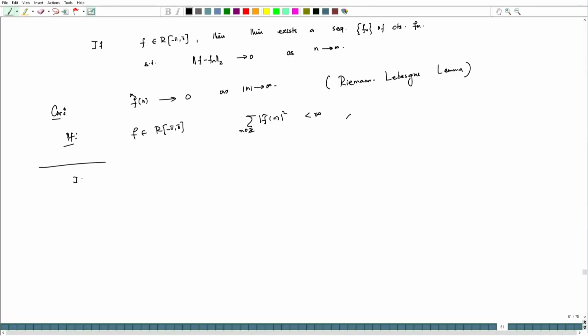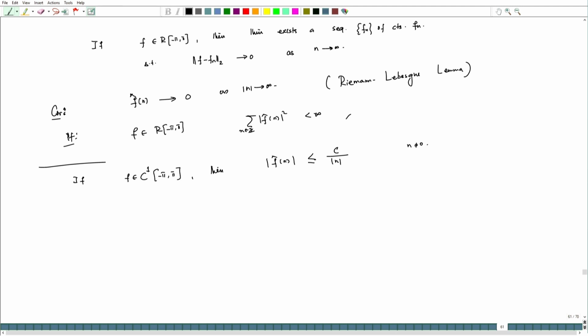Now, if f is in C1, what we have noticed is that mod of f hat of n is less than or equal to some constant by mod n, for n not equal to 0, for large n.